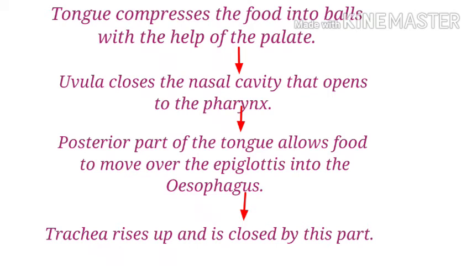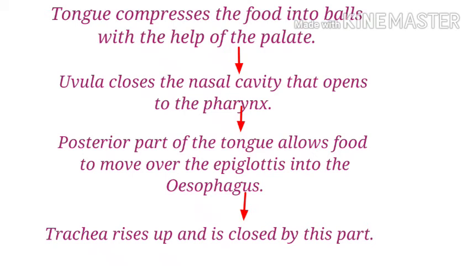Then the posterior part of the tongue allows the food to move over the epiglottis into the esophagus. On the same diagram, you can see the epiglottis. So what is the epiglottis? It is another valve-like structure which closes the trachea when the food moves through the pharynx. It prevents the entry of food into the trachea, which is a part of our respiratory system.